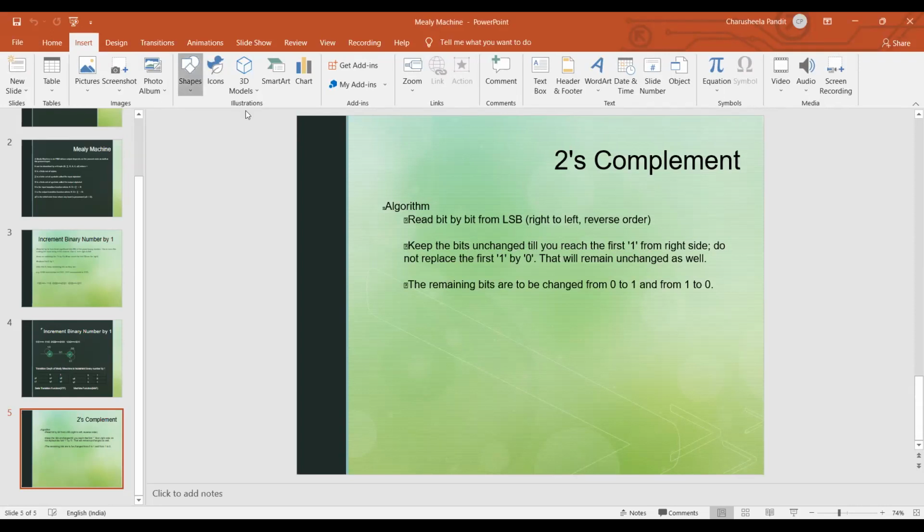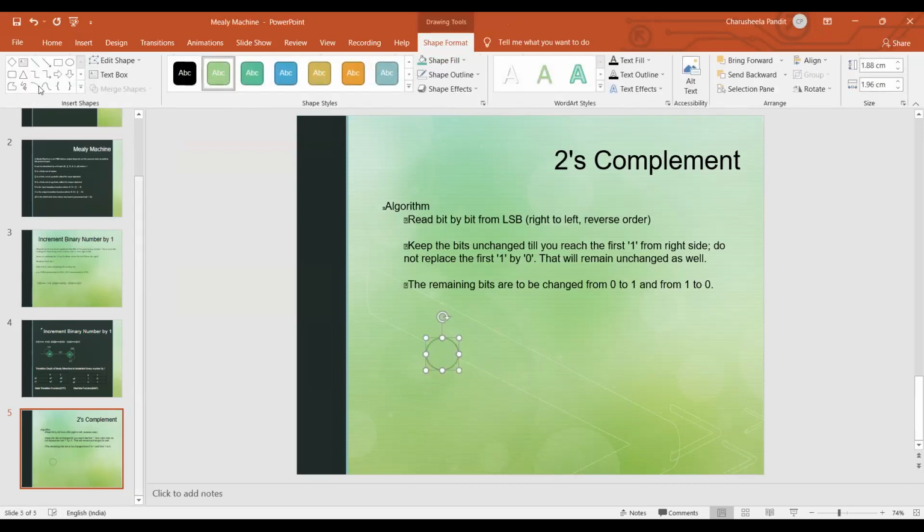If we have to draw the Mealy machine, assume this is your initial state, and this initial state will receive digits either 0 or 1. If it receives 0, we have to keep it unchanged, according to this: keep the bits unchanged till you reach the first one. If you are getting zeros, you should keep them unchanged.